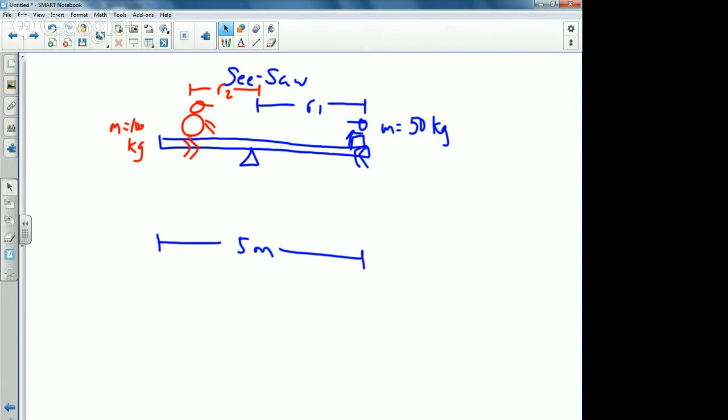We don't know if R2 is half of R1, or whichever one's R2, R1's up to you. But the fulcrum is placed right in the middle. So R1 would be half of the 5 meters, yes. The blue radius is half the left.